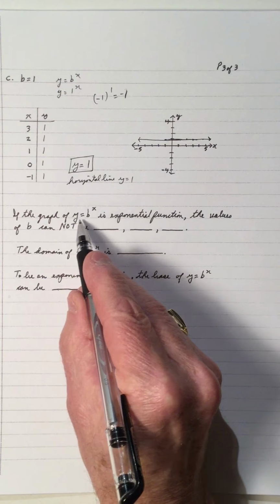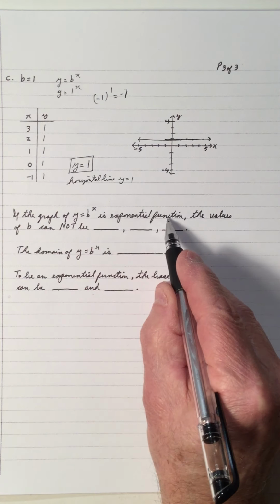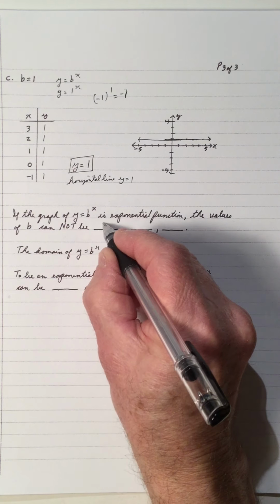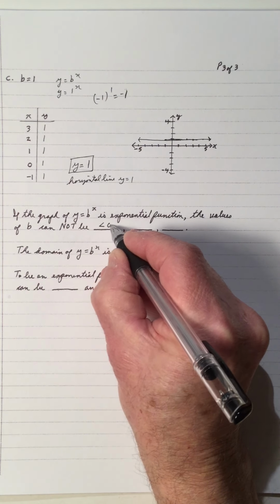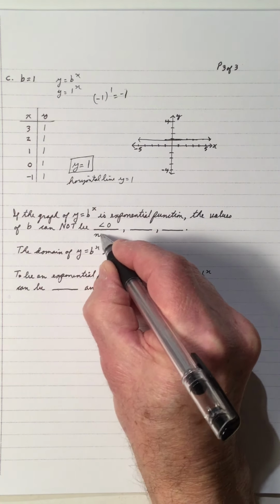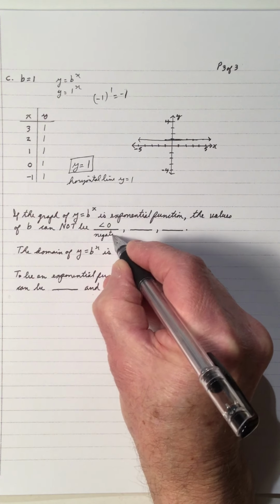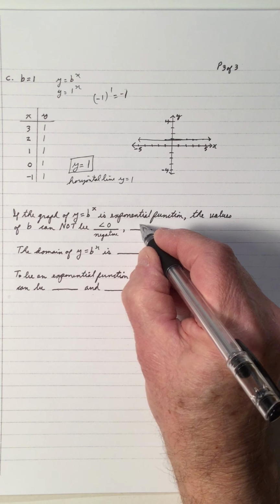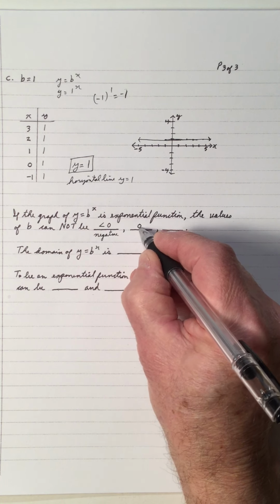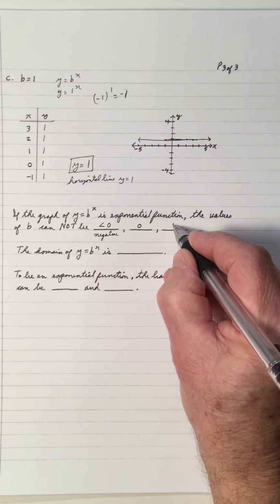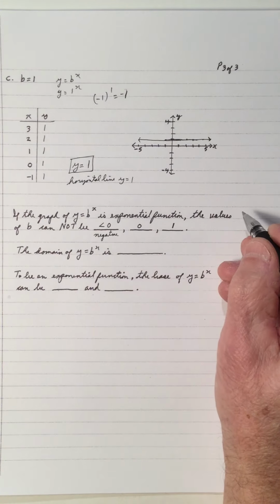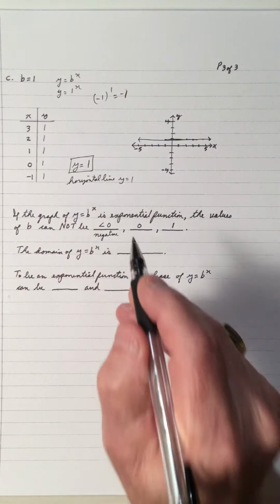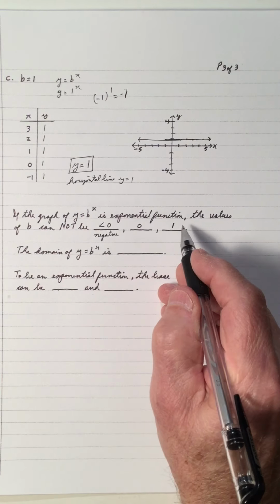If the graph of y equals b to the x is an exponential function, the values of b cannot be less than 0. That means they cannot be negative. The value of b can't be 0, and the value of b cannot be 1. So b cannot be negative, can't be 0, and can't be 1.